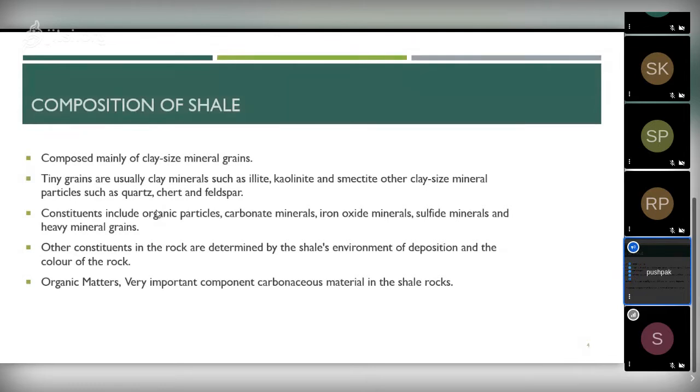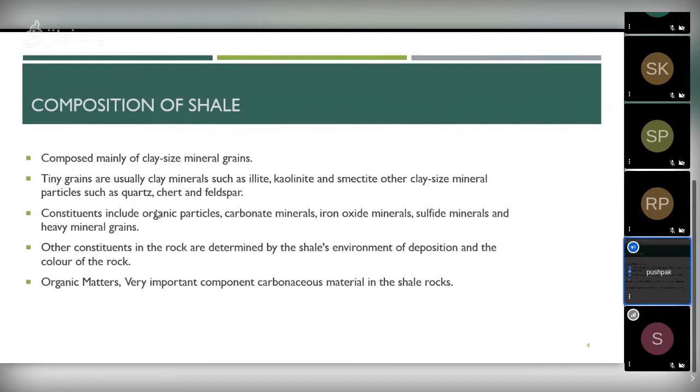In some cases the color of the rock is different, because a minor constituent alters it. These constituents include organic particles, carbonate minerals, iron oxide minerals, sulfide minerals, and heavy mineral grains. Because of these constituents, the color of the shale also differs.